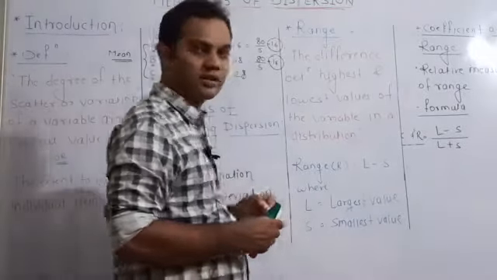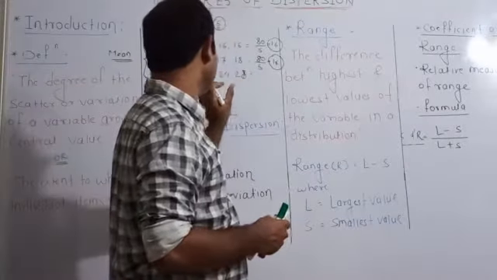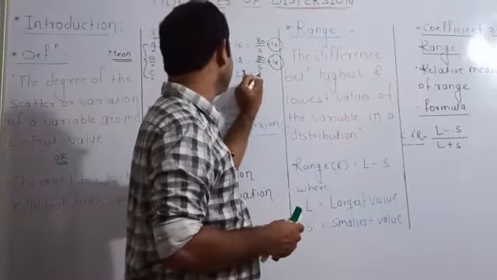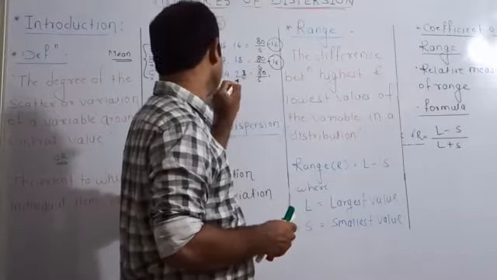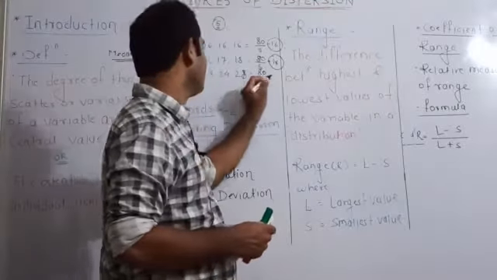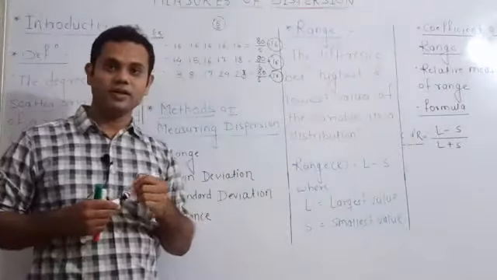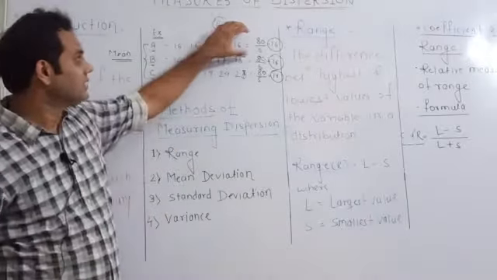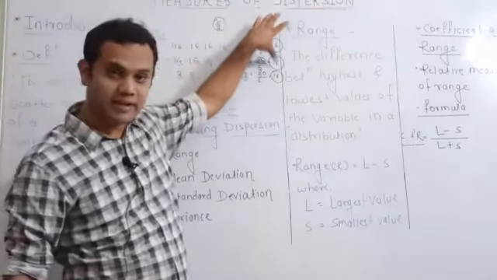So here we take 28. If we take the total, it becomes 80, divided by the number of observations, 5, it becomes 16. If you see carefully here, the three different types of data sets have the same mean.